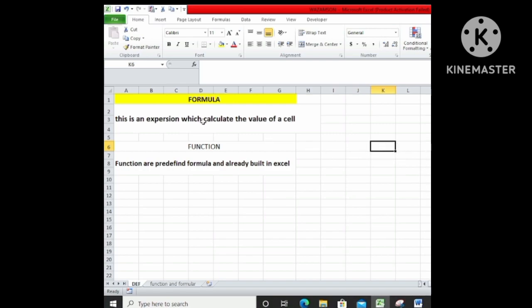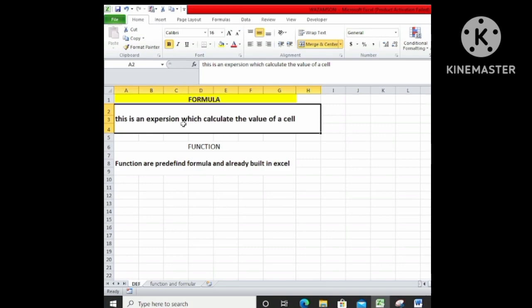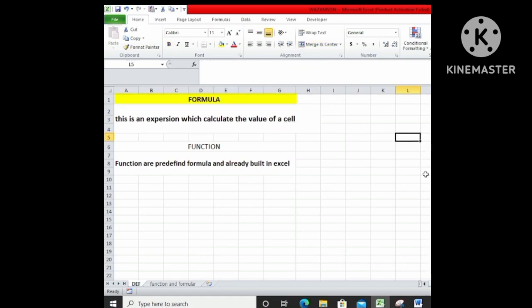Now, a formula is an expression which calculates the value of a cell. For instance, we have 50 here and we have 70 here. If you are asked to add up these two numbers, you cannot say 50 plus 70.